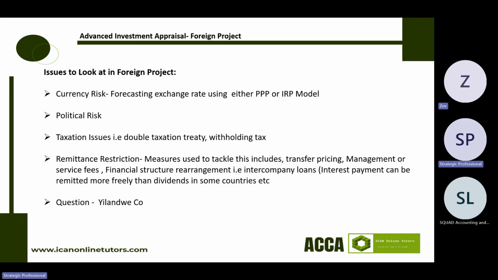Do you understand? I have a question. This remittance restriction, like the transfer pricing and all this, it will be like an expense when you are estimating the net present value, right? In the base country. Home country. When you say base, is that the local country where the investment is, or what?